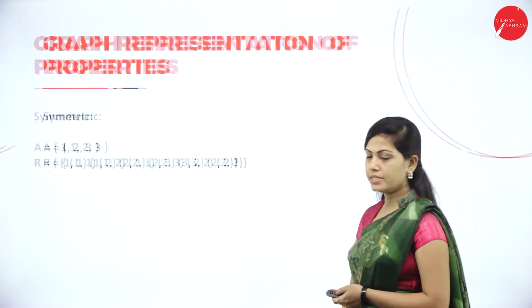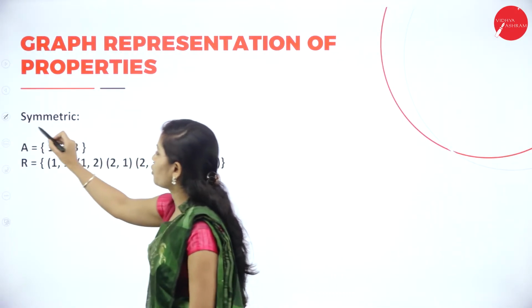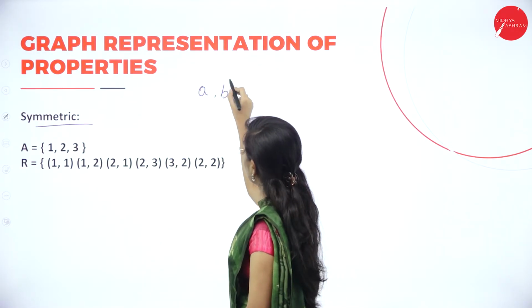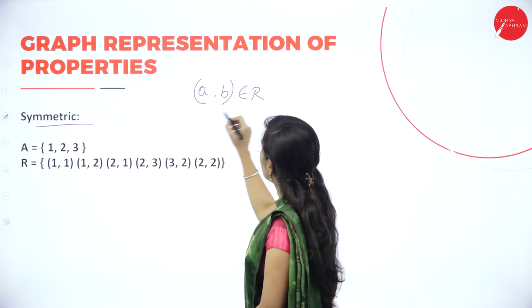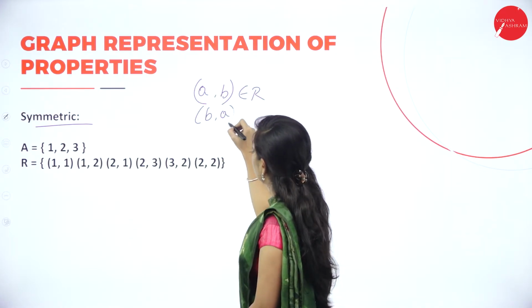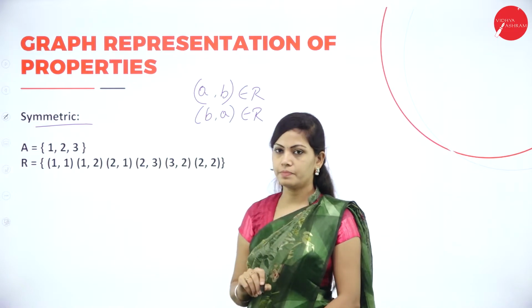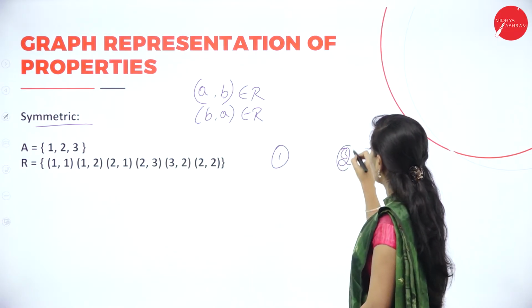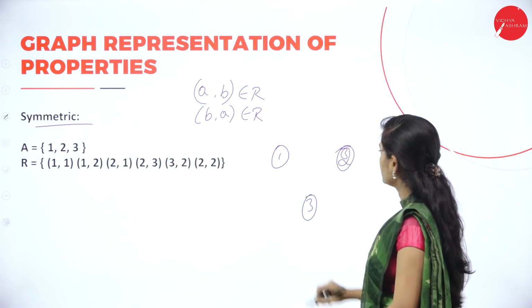And the next one is the symmetric property. What is the symmetric property? (A, B) belongs to R and (B, A) belongs to R. So here we have 3 set elements called 1, 2 and 3.